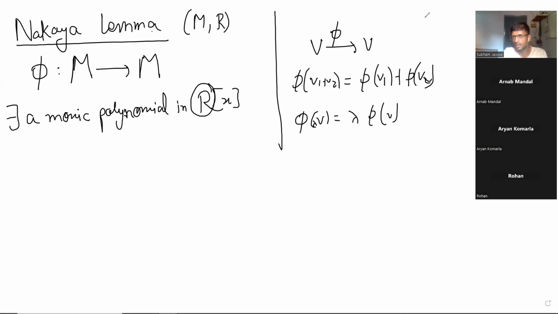It's coming from a ring. There is a monic polynomial. So in particular, it's not a zero polynomial. A monic polynomial is not zero. Monic polynomial P(x).